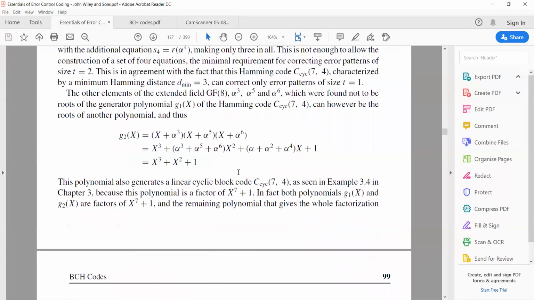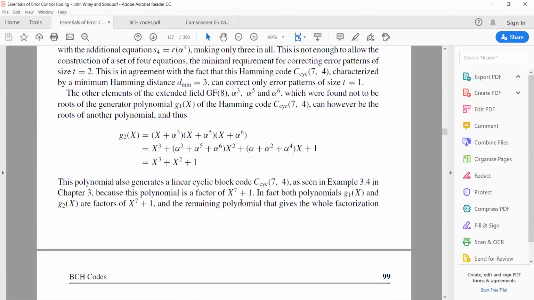Now, this polynomial also generates a linear cyclic code 7,4, because this polynomial is a factor of x to the power 7 plus 1. We have already known this from chapter 3.